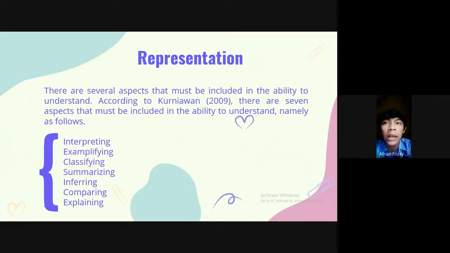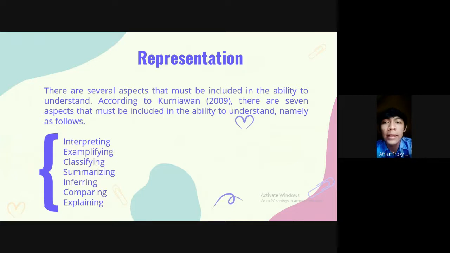And then inferring. Inferring, or guessing, is the ability to find a form of a number of similar examples or objects. The example is when students are given a number of consecutive numbers such as 1, 2, 3, 5, 8, 13, 21, and so on.